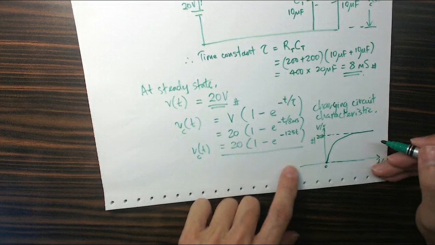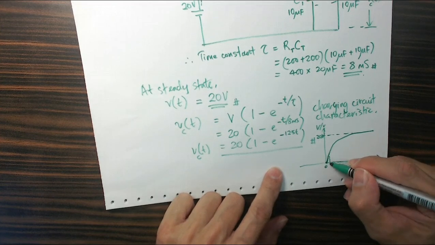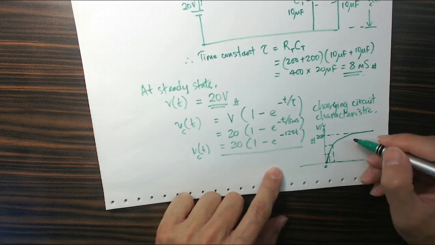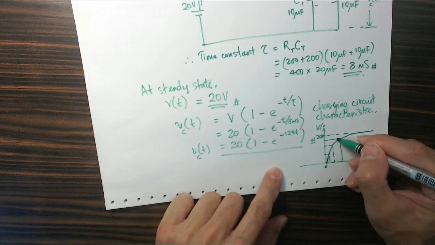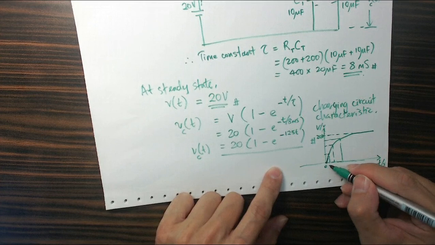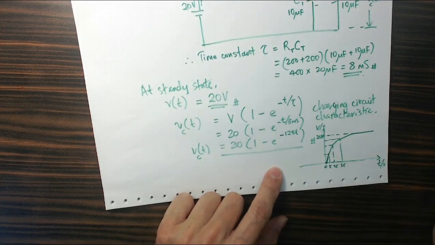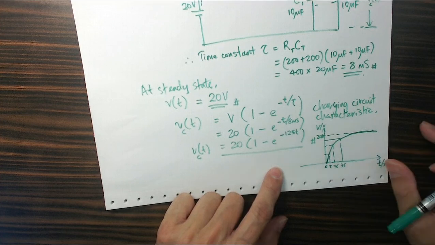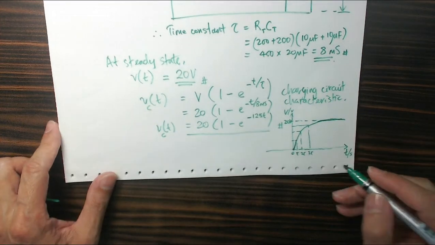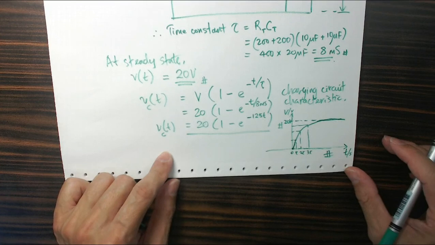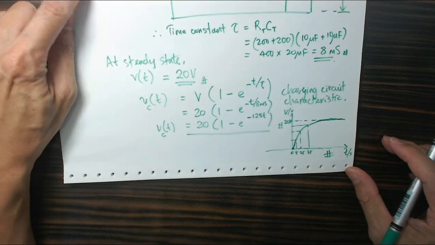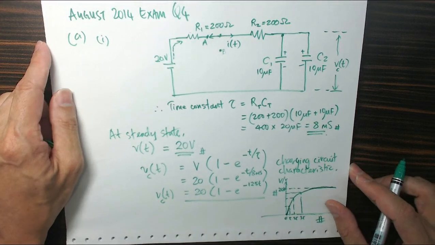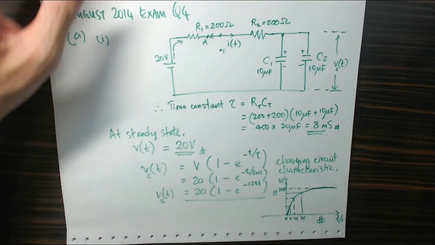At time 0, it's 0. At 1 tau, it's about here. At 2 tau, it's about here. And at 3 tau, it's about here. Anything more than that would be approximately 20 volts. So that's the waveform. That's for part A, subsection 1 of this question.